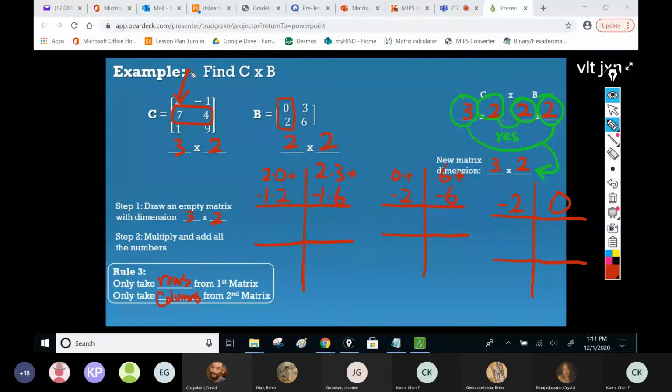And then first number times first number. So 7 times 0 plus second number times second number. So 4 times 2. All right, now let's go ahead and do the multiplication. 7 times 0 is 0 plus 8. Add them together, you'll get an 8 right here.